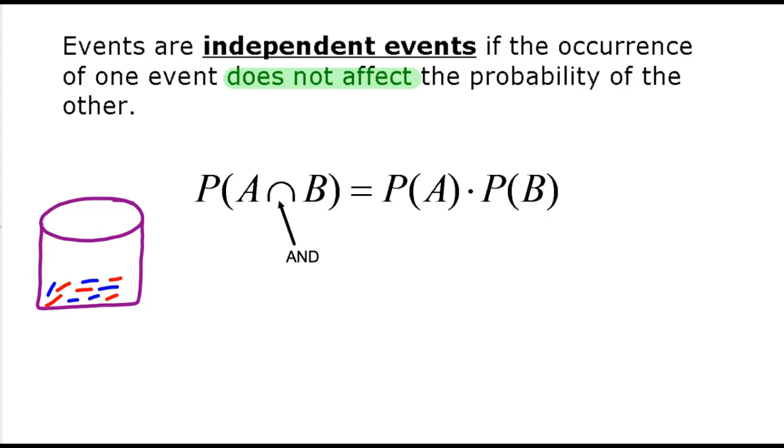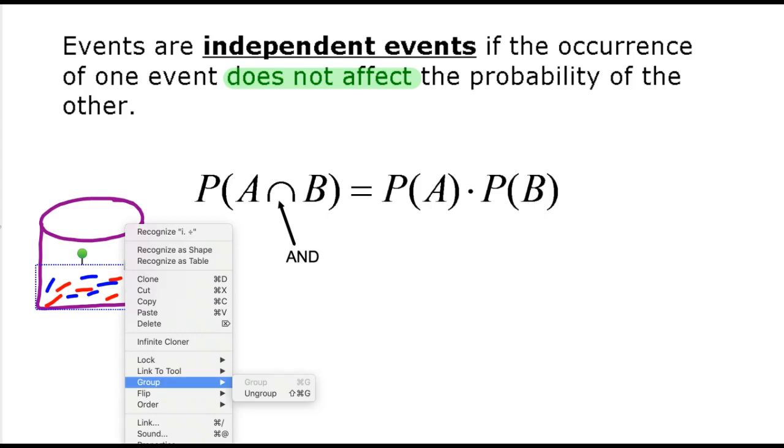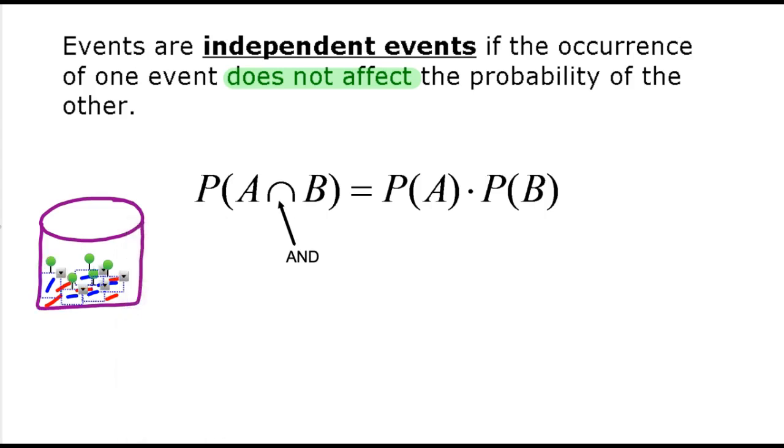We have to be clear on whether, when we pull the marker out, we are going to replace it before we do our second draw. You might remember this terminology: with replacement or without replacement.